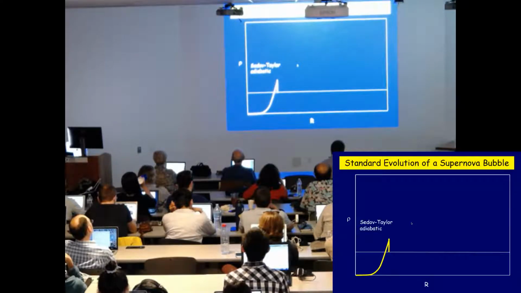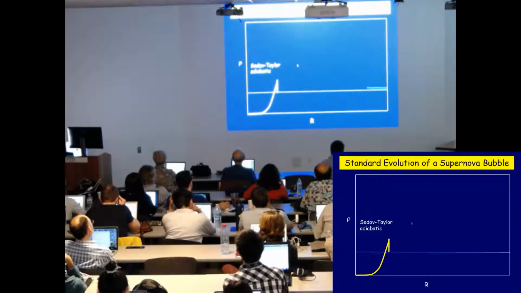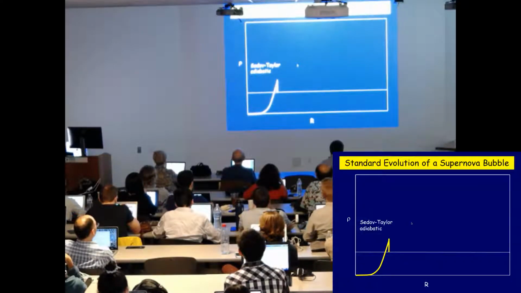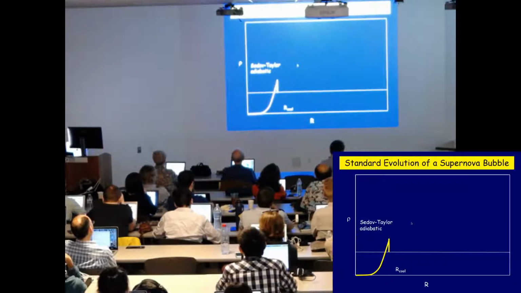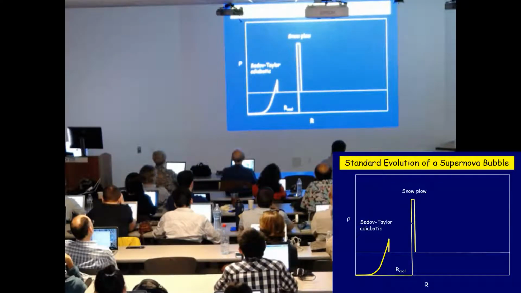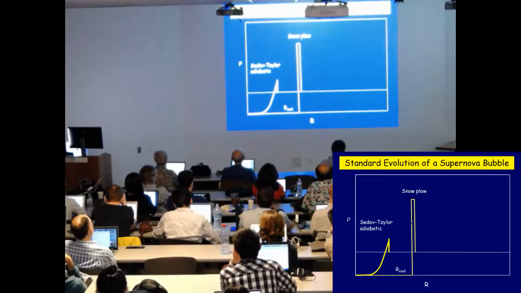So just to remind you what one single supernova looks like, there is an adiabatic phase. This is density, this is the ISM density, this is radius, where you get a hot bubble and a cold shell. After some cooling time, you stop being adiabatic, you cool rapidly, and you are in a snowplow phase, where this hot medium is almost empty, and most of the material is in the cold, very dense shell.